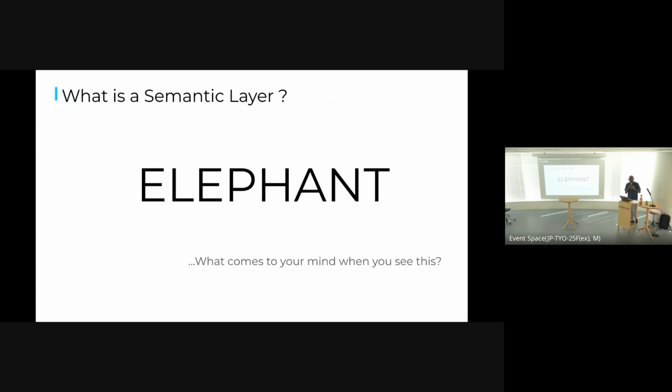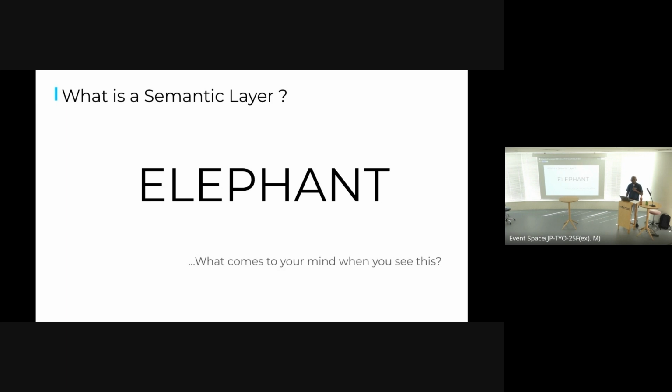So let's understand what a semantic layer is. When I say an elephant, what comes to your mind? An elephant, just an elephant. So he said Postgres. Yeah, but what comes to your mind when I say elephant? Jungle. Okay. So when I say elephant, an elephant pops up in your mind, right?